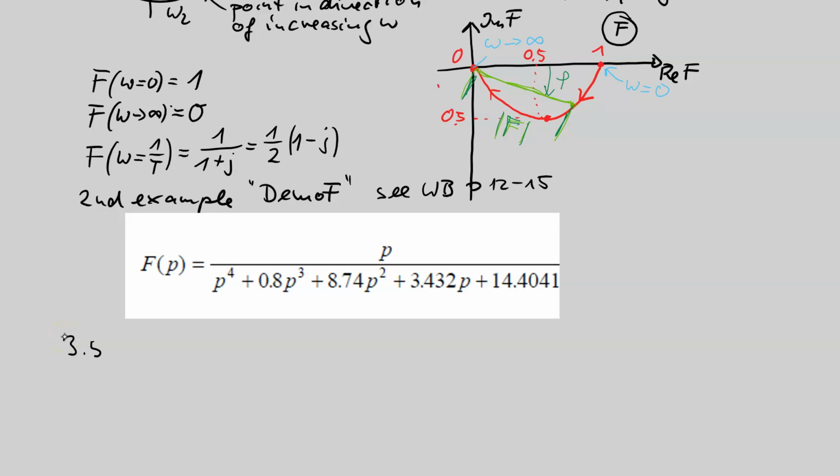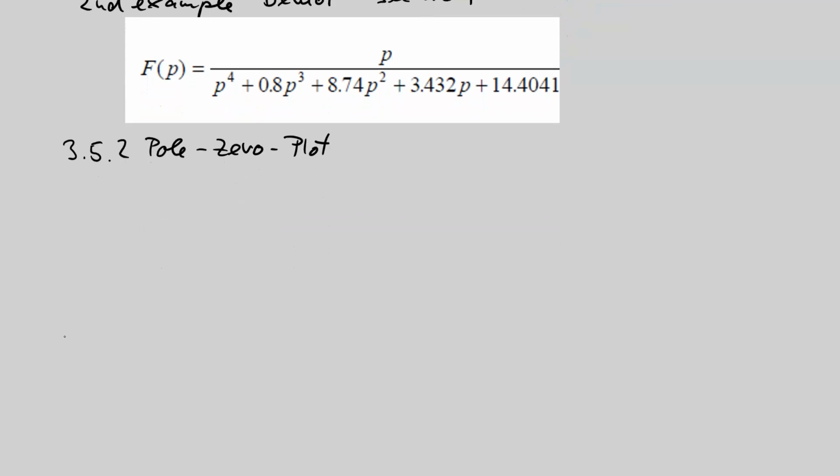That is chapter 3.5.2, the pole zero plot. The pole zero plot is a very simplified diagram, just a 2-dimensional diagram which displays poles and zeros. Before we discuss this, what is a pole and what is a zero?